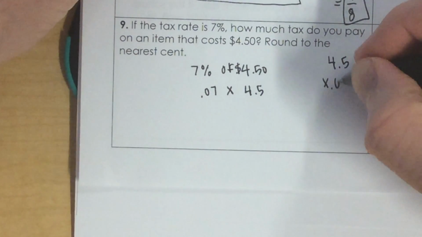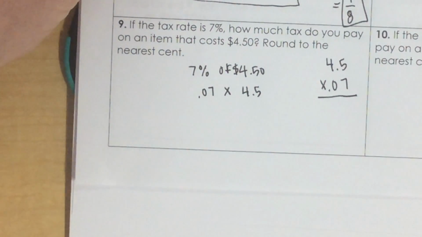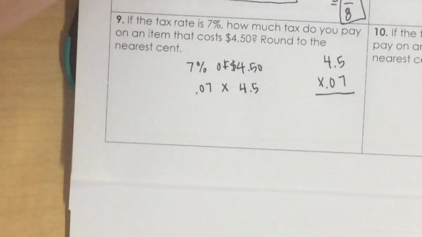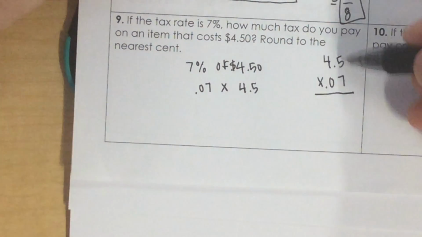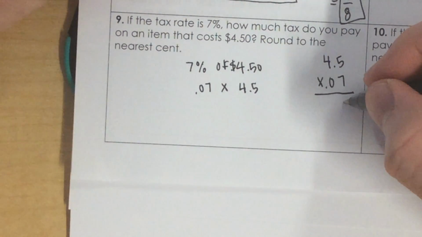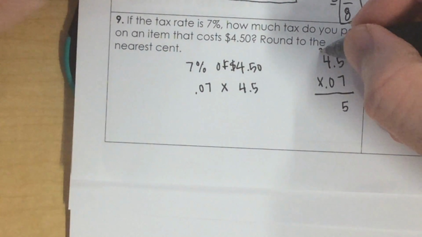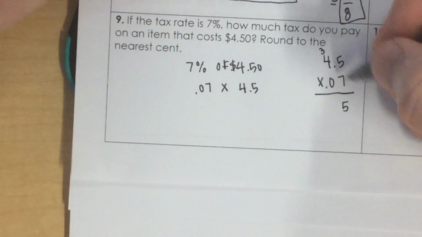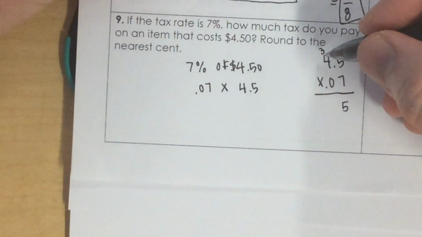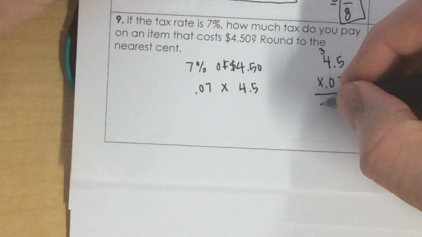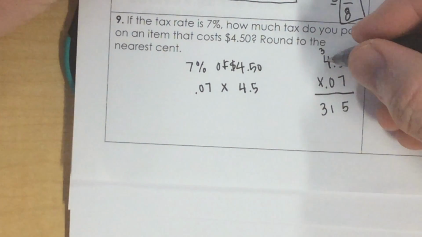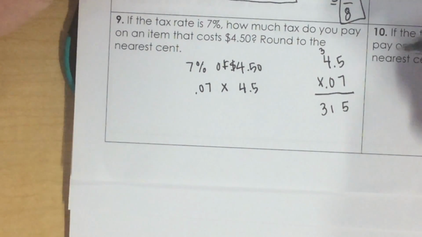Times 0.07. Remember, when you multiply, you do not need to line up the decimal. We're treating this like 45 times 7. 7 times 5 is 35, and we would carry the 3. 7 times 4 would be 28, plus 3 more would be 31.